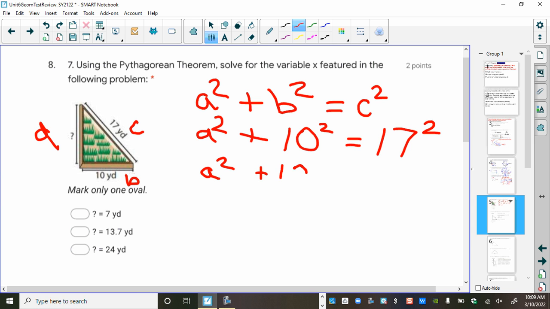You have a squared plus 100 equals 289. Yep, you would minus 100.